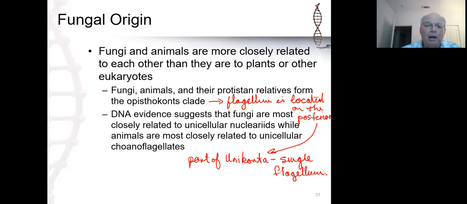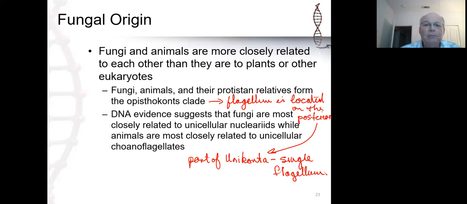represents the reproductive stage or a potential reproductive stage for both animals and fungi. Now, remember at the beginning, I said the traditional definition of a fungus was that there was no flagellated stage. And that still remains largely true, because the majority of the clades that we will encounter as we look at the diversity of fungi consist of fungi without a flagellated stage.